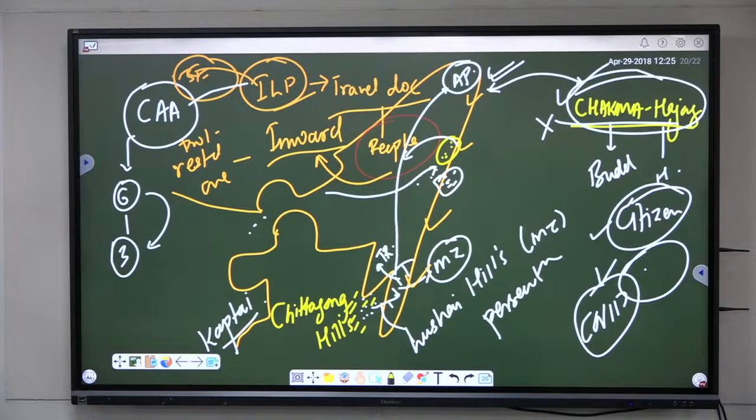If these are provided, what will happen? Again, indigenous tribes will not be happy, right? If these are provided, indigenous tribes will feel alienated and deprived of the opportunities.